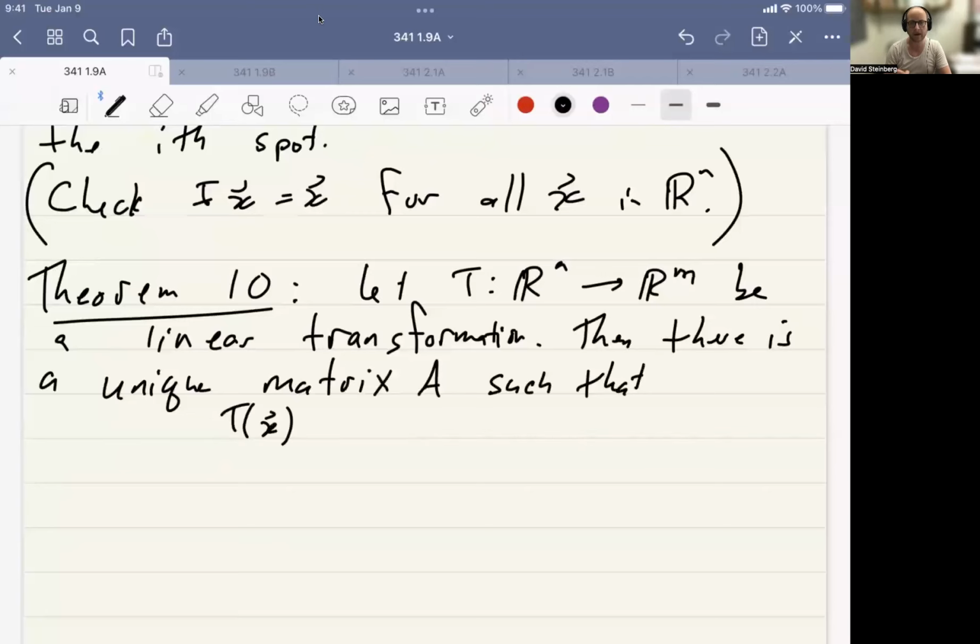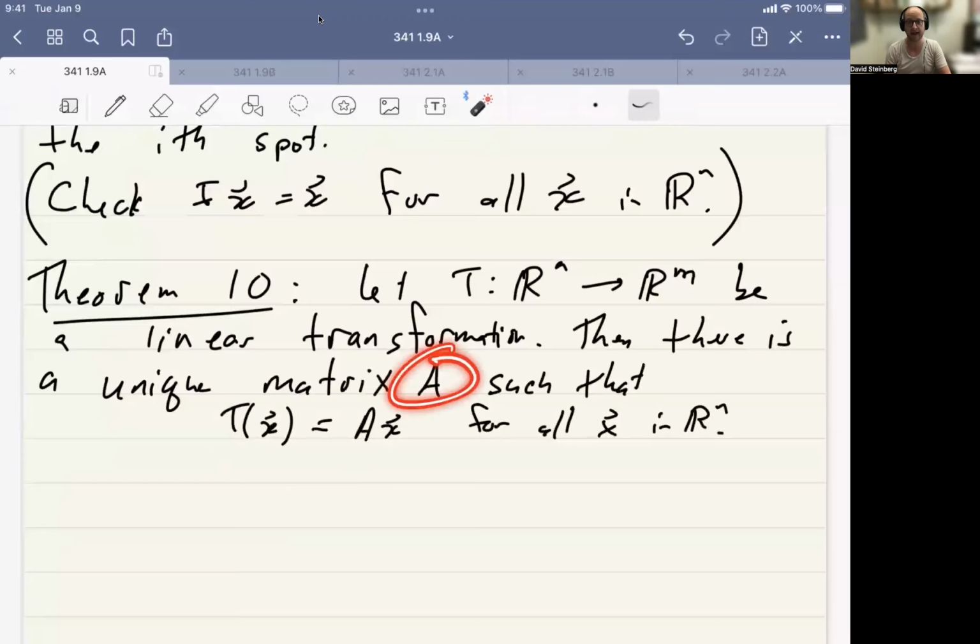If we apply our linear transformation T to x, it's actually equal to Ax, and this is true for all vectors x in Rn. This just says some matrix A exists. Even better is that we can tell you how to find that matrix.